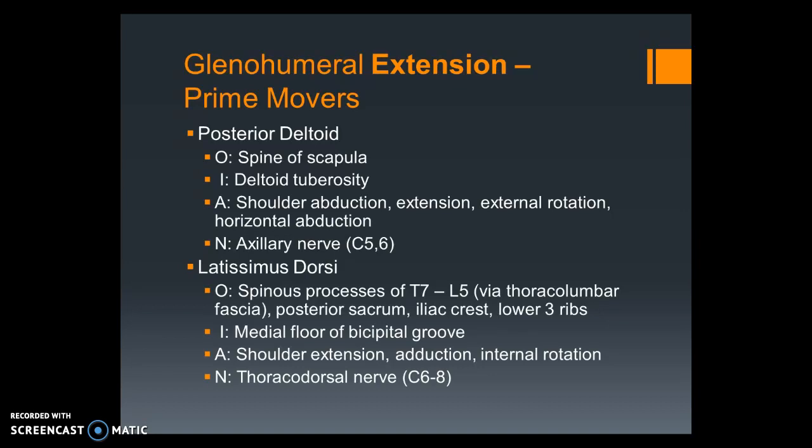The latissimus dorsi originates on the spinous processes of T7 through L5 via the thoracolumbar fascia, posterior sacrum, iliac crest, and the lower three ribs. The latissimus inserts on the medial floor of the bicipital groove. It performs shoulder extension, adduction, and internal rotation, and is innervated by the thoracodorsal nerve.